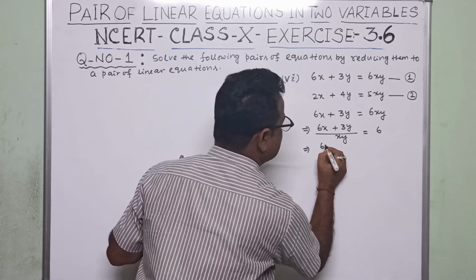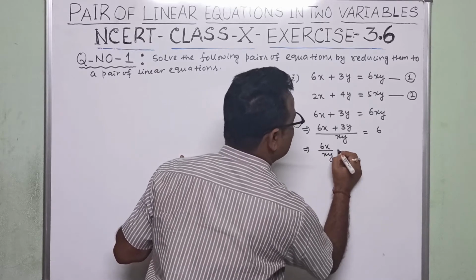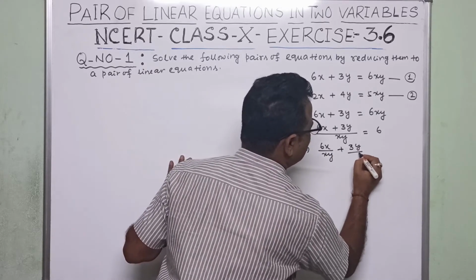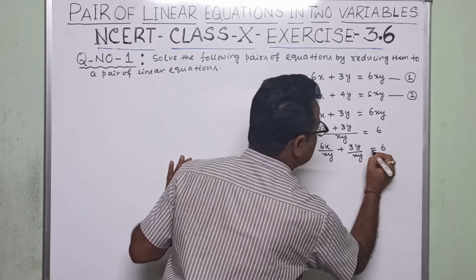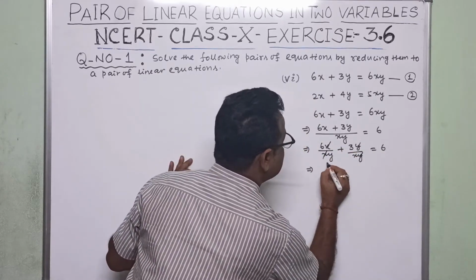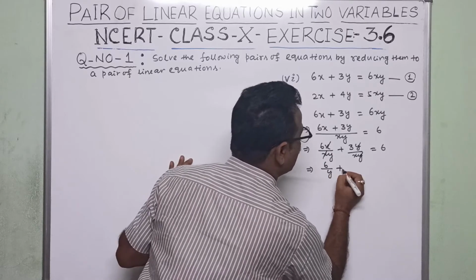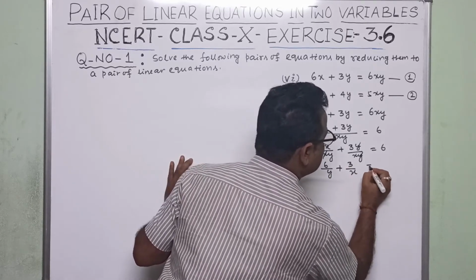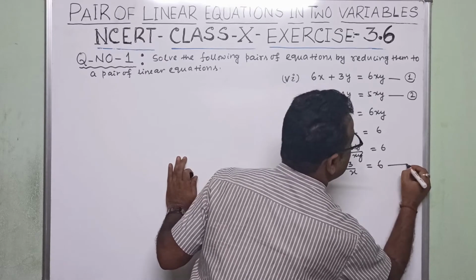That implies 6x by xy plus 3y by xy is equal to 6. So x, y cancelled. That implies 6 by y plus 3 by x is equal to 6. This is the equation 3.